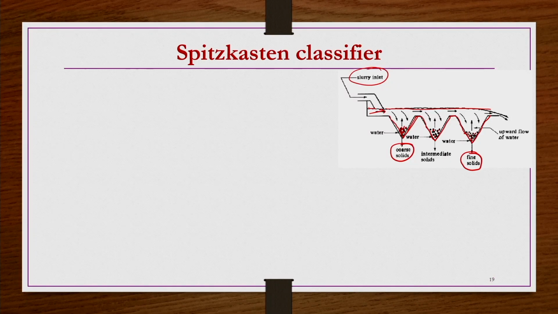So, what is the additional thing here? There is a provision for a water inlet at the bottom of each cone, and this water is allowed to flow up so that the particles settle as per the requirement. This upward flow of water is additionally provided so that the separation is done efficiently, and almost clear liquid is taken from the top.